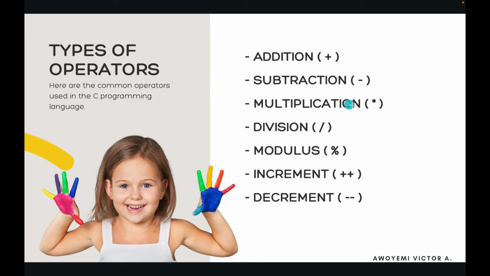We have the multiplication operator, which is times, but this is the way we write times in C. We have the division operator, which is /. This is also how we write division in C. We have the modulus, which returns the remainder, and we have the increment operator, and the decrement operator. So these are the 7 basic arithmetic operators in C programming language.